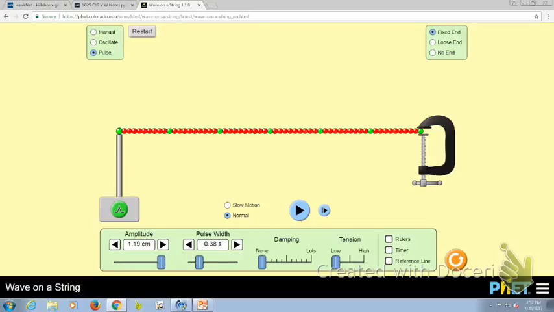And what happens is, if I go to an oscillator, and I start this off, this thing's going to keep oscillating. I'm going to see a family of waves go off.